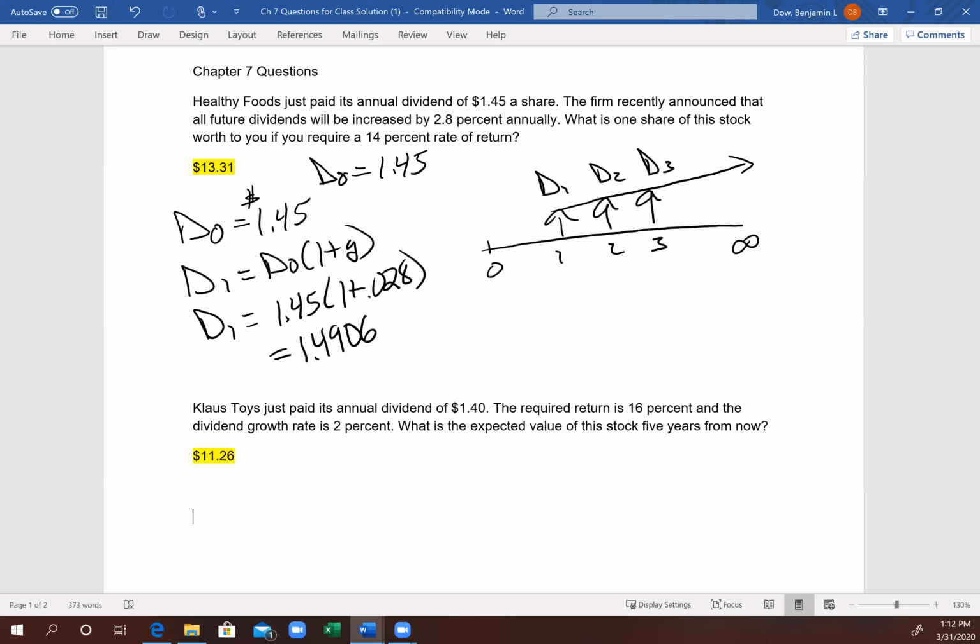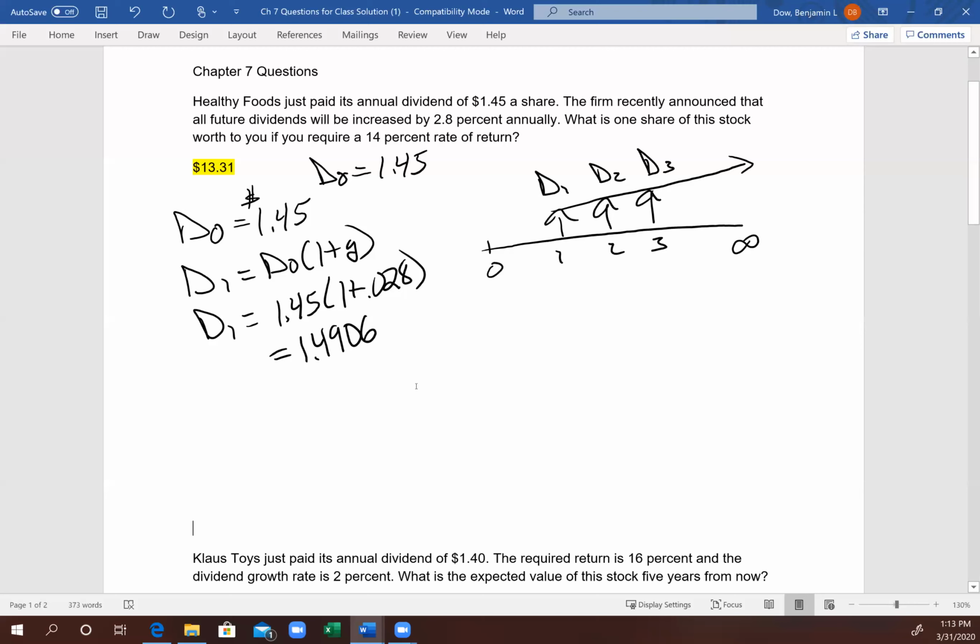So what that allows us to do then, since we have constant growth right off the bat, we can find the stock price today because we can find the present value of the perpetuity starting at the beginning of year one. The beginning of year one is the same as the end of year zero. Okay. So we can just write this as P0 equals D1 divided by R minus G.